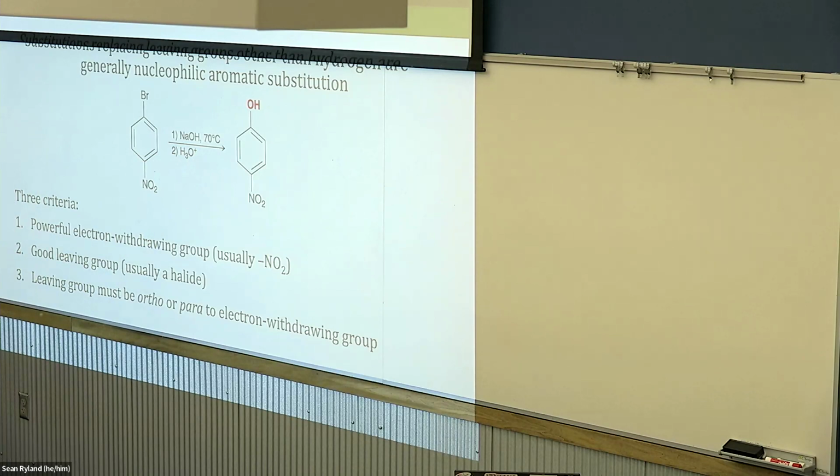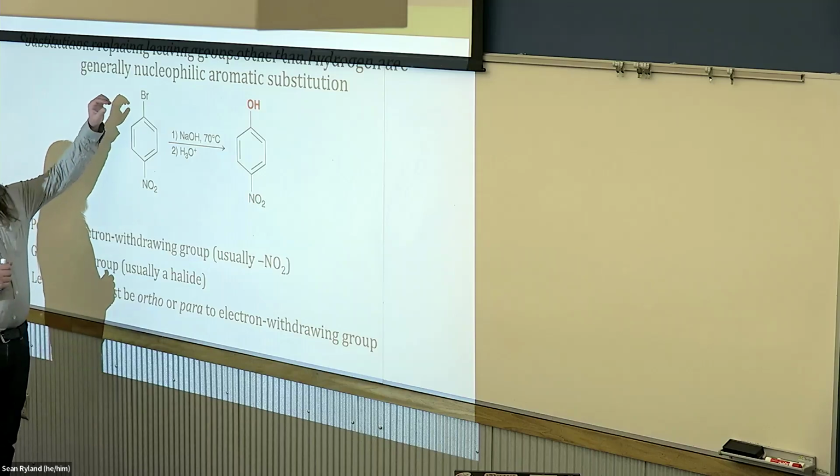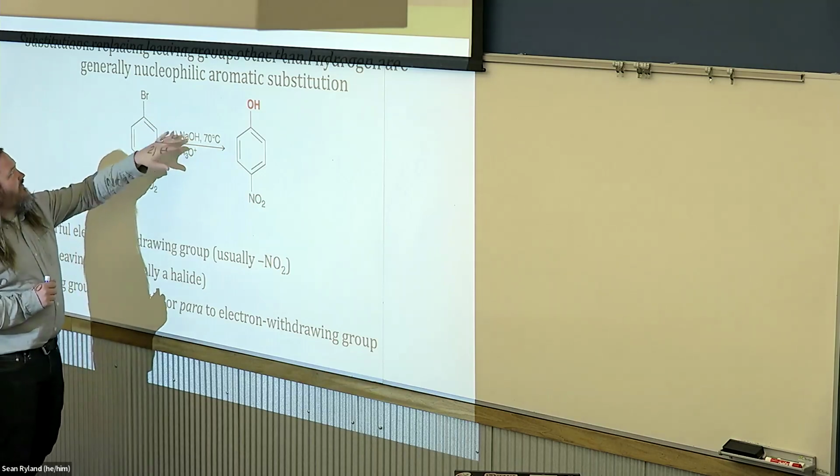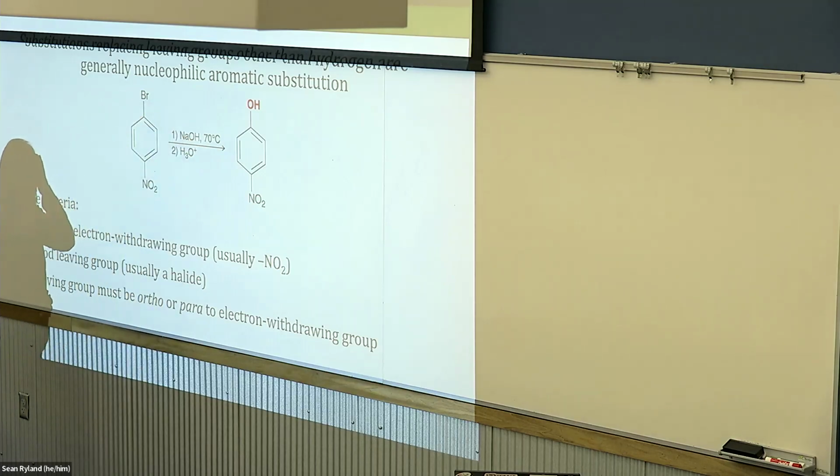Anytime we're talking about a good leaving group, that's usually what we're talking about. And in this case, basically what we wind up doing is our strong nucleophile just replaces the bromine. So really very similar to what we've seen before.